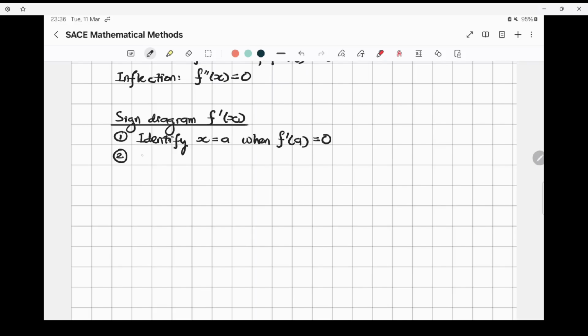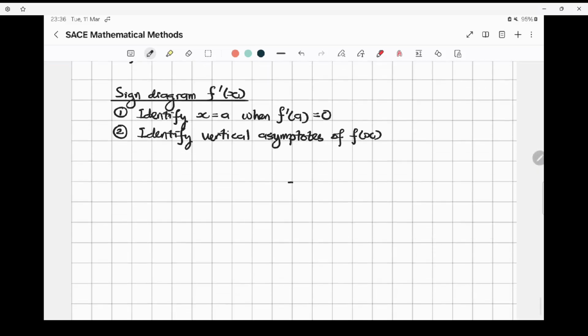Second thing that you need to do is to identify all the vertical asymptotes of f x. So once you identify these two, then you can draw your number line.